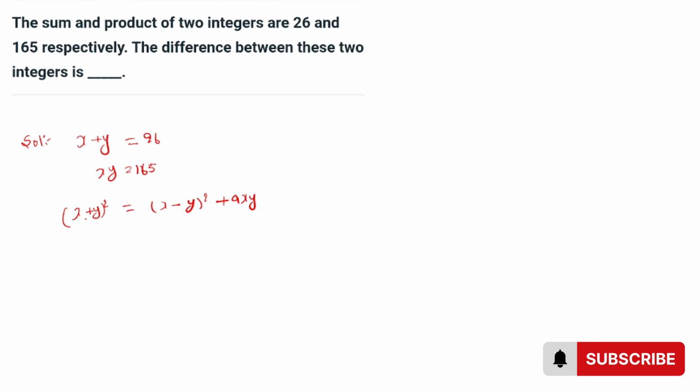You can check like that: x square plus y square plus 2xy equals x square plus y square minus 2xy plus 4xy, which is 2xy. So this is equal to this. That's why I wrote that, so that all the possible values come under this equation. This is equation number 1.